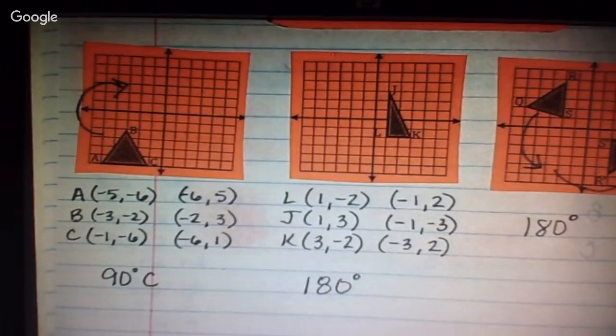So it's going to be practice on page 17 in your interactive notebook. I'm feeling generous today, which means you only have 6 problems for homework tonight.